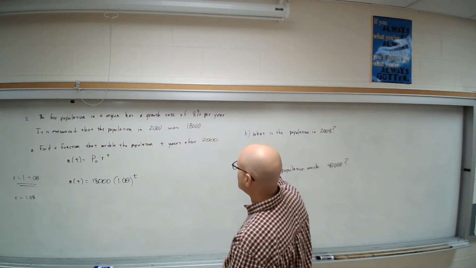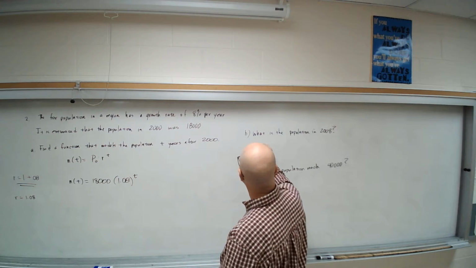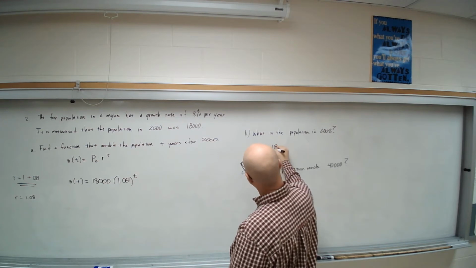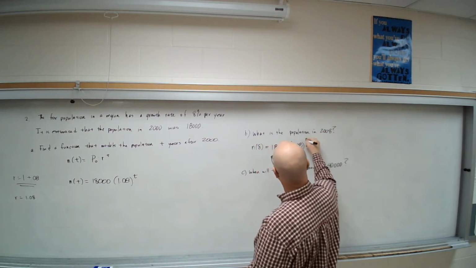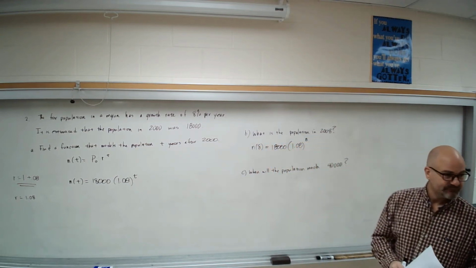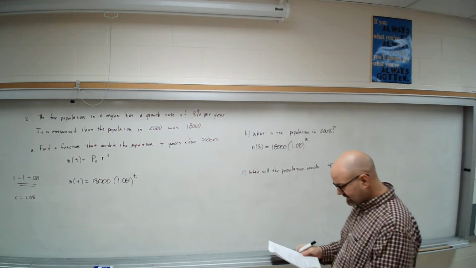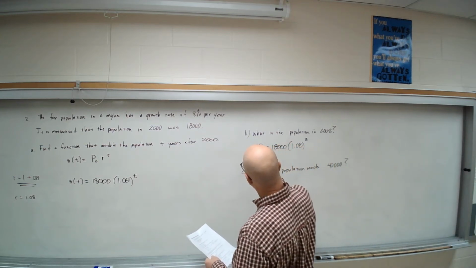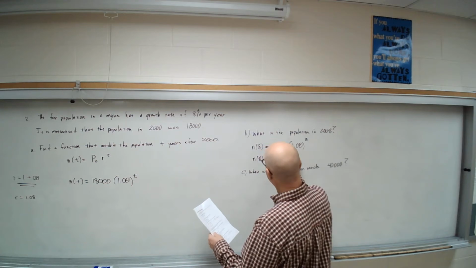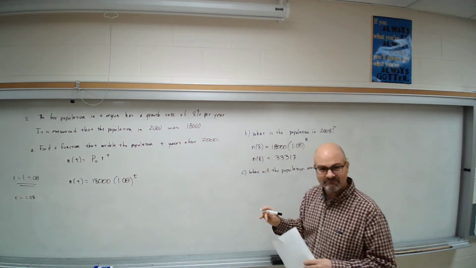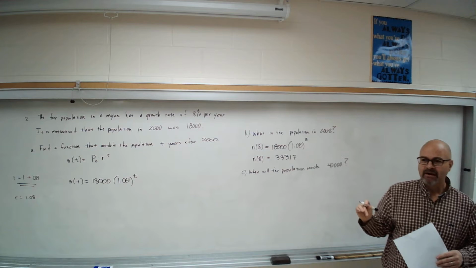So we want N of 8 is 18,000 times 1.08 to the 8th. That gives us approximately, well, I have 33,317. Does that look right to everybody?